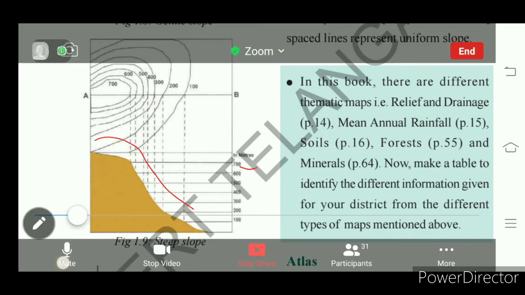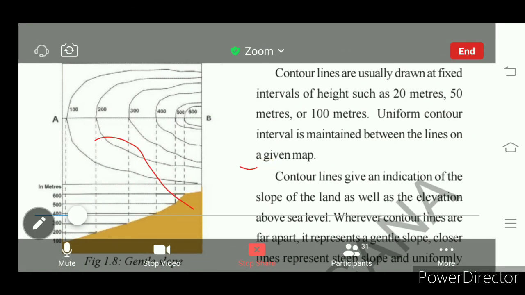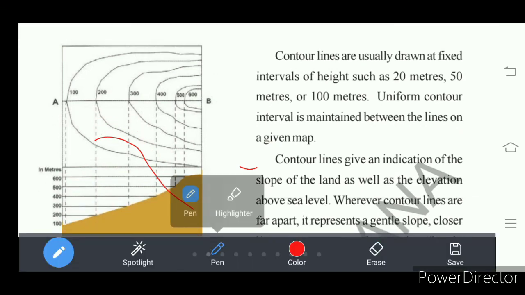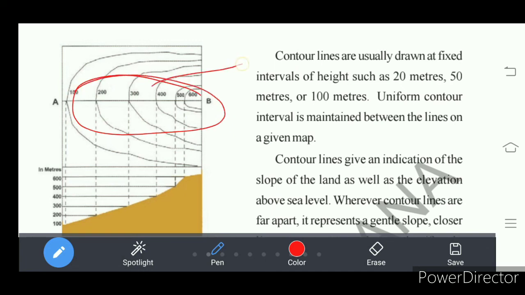And just now we have seen one more map here. What do you see? Here the lines are at equal distance. Or not? At equal distance. It shows the slope is a gentle slope. Which slope?